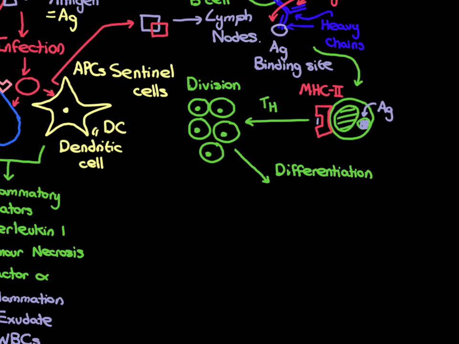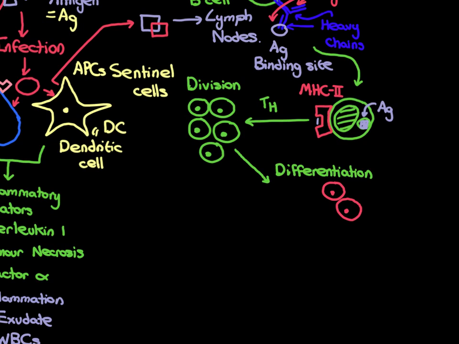And again, don't forget that when you differentiate, there are 2 different types of cell that you can produce. There are not just the effector B cells, there are also the memory B cells. I'm going to actually start off with the memory B cells, and then we'll go on to the effectors. So again, this is the minority that will differentiate into memory B cells, but we'll start off with them.